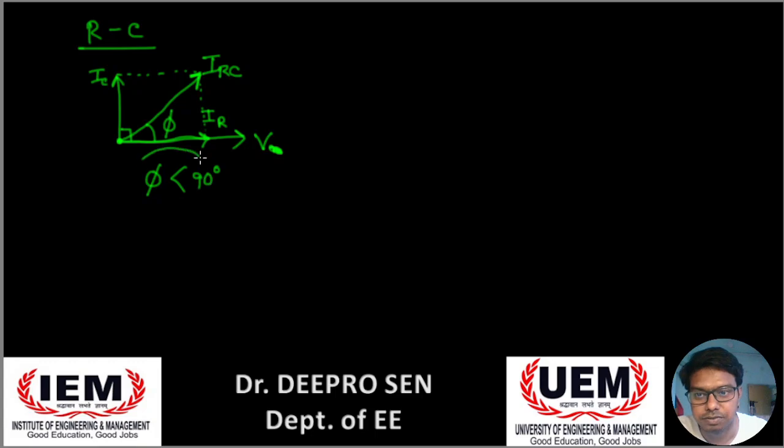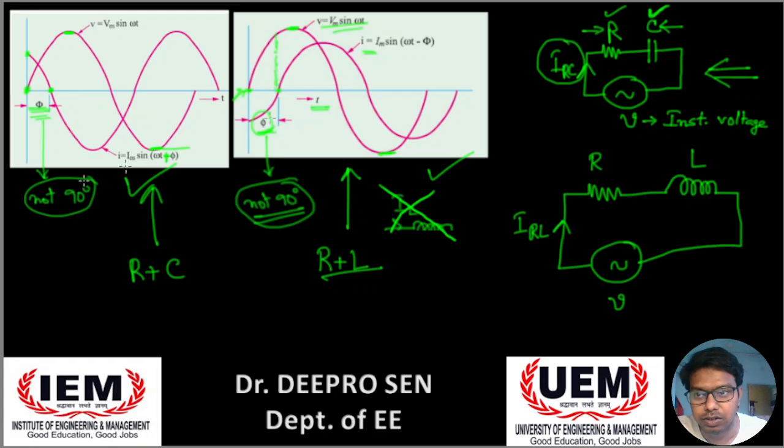Can you see that? Phi is less than 90 degrees. And here you can see that the current is leading in this particular graph; as I told you earlier, phi is not 90 degrees, it is less than 90 degrees, but it is leading.